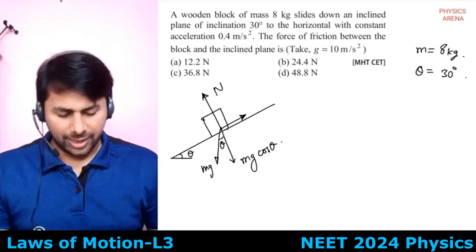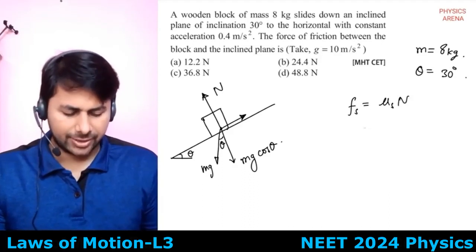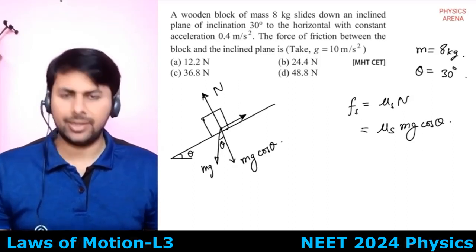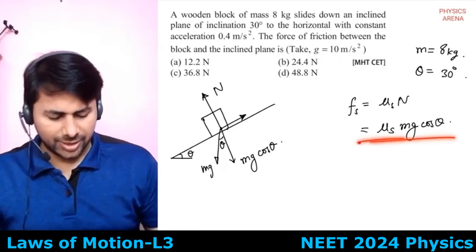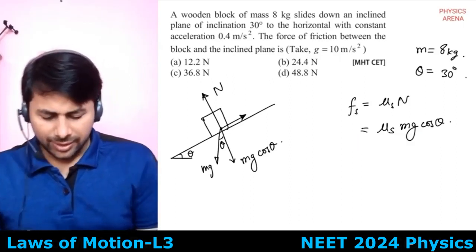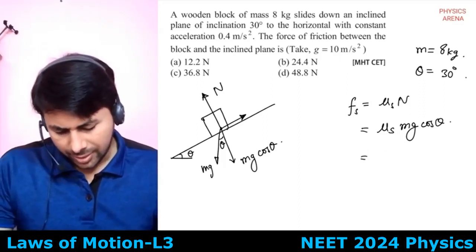Mg cos of theta. And we know the frictional force is equal to what? Mu s multiplied by normal reaction. So it is mu s multiplied by mg cos theta. In case of inclined plane, always. So we just need to remember this, that it is equal to mu s mg cos theta.